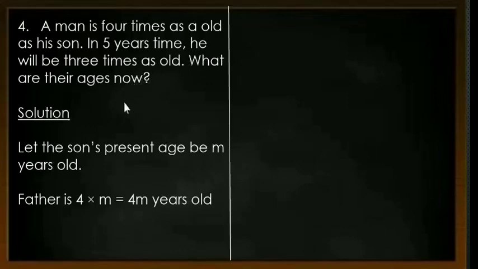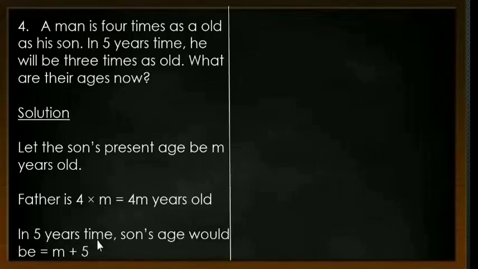So if the son's age is m years old now, in 5 years' time, his age will be 5 years. 5 years what? 5 years more than what his age is right now. So in 5 years' time, the son's age will be m plus 5. Just the same way my age will be 9 if I was 4 years old right now.